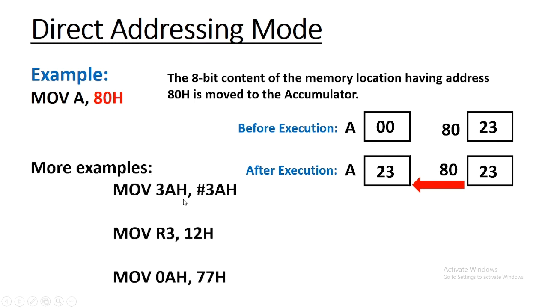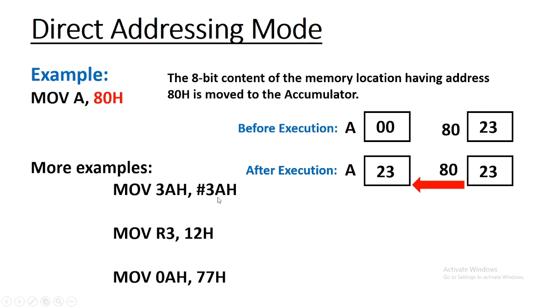A few more examples are MOV 3AH, #3AH. Though 3A is the same, the first is the address and the second is the 8-bit immediate data. The hash character is used to identify which is the immediate data.